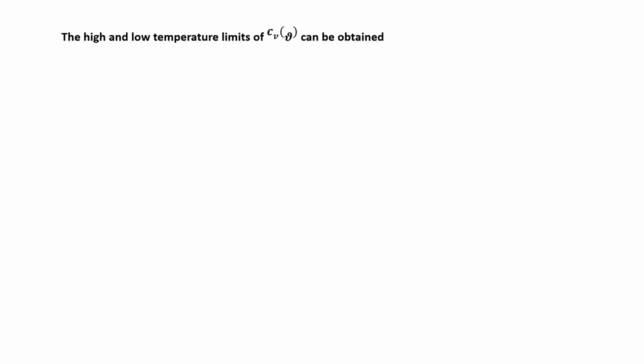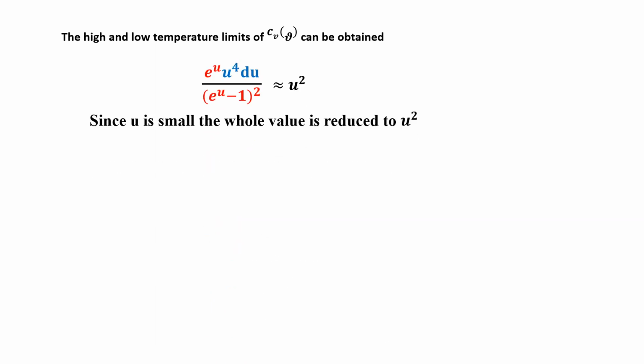So now you have to see the high and low temperature limits the same way which we have done for the Einstein heat capacity of solid. So instead of this term, you can use the term u square.